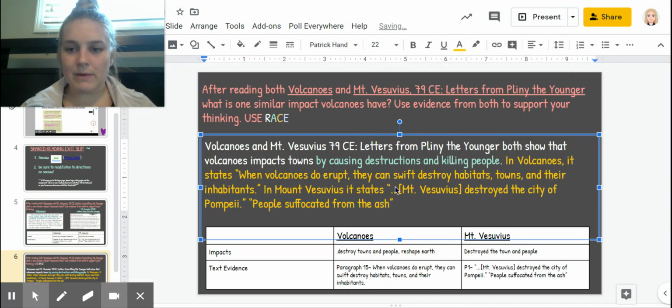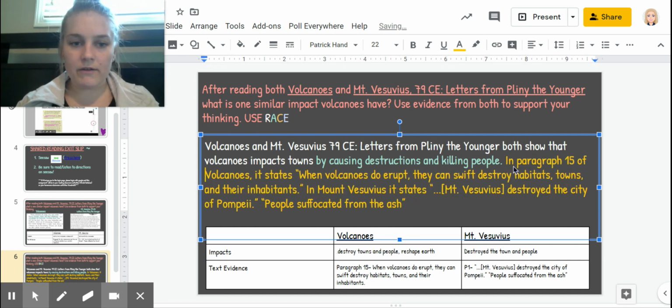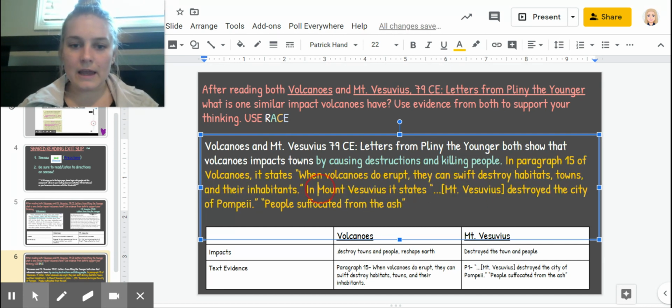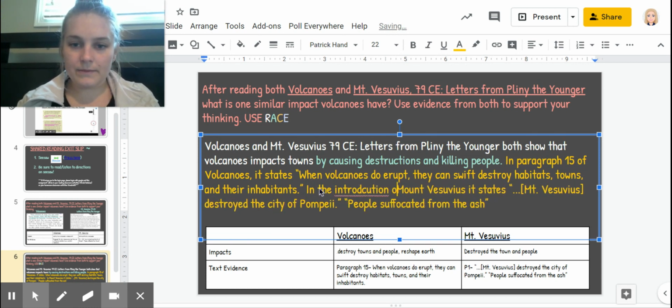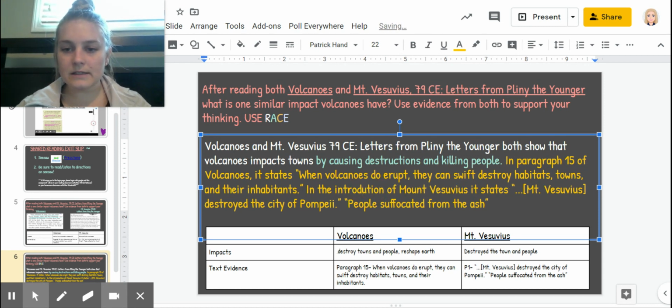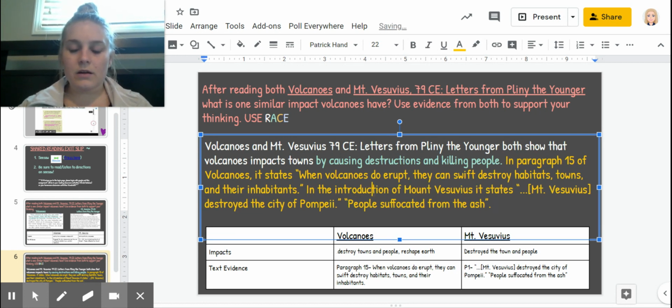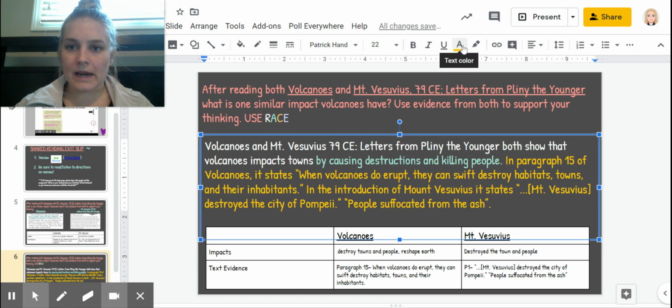I want to read through to make sure it makes sense. In Volcanoes, it states, oh, if I wanted to be a little bit more specific, I can even say in paragraph 15 of Volcanoes, and then over here in the introduction of Mount Vesuvius, it states, and then I can give my explanation.